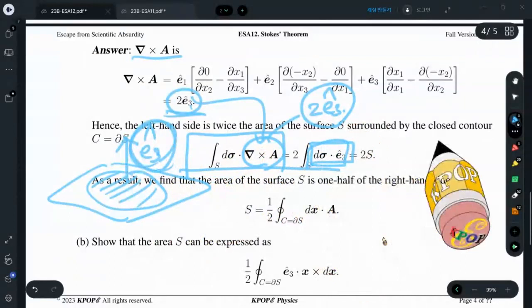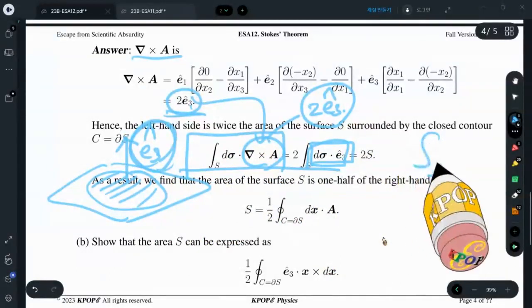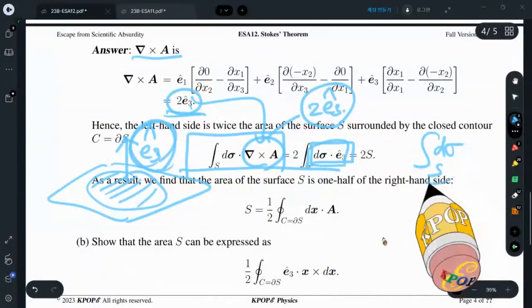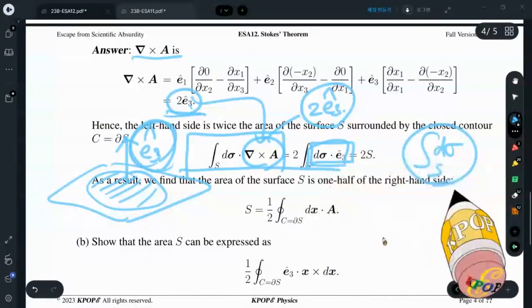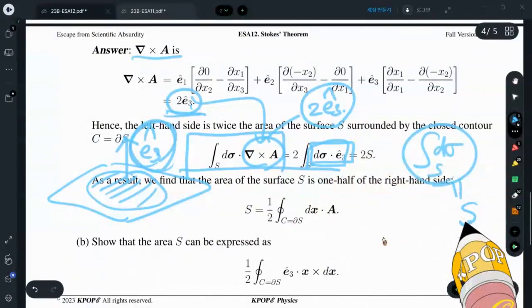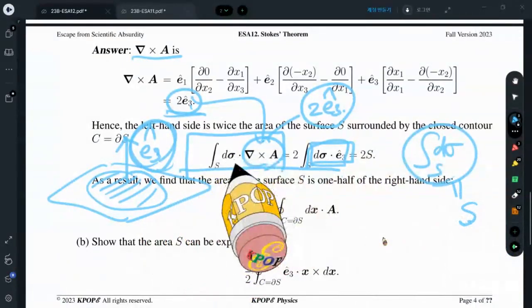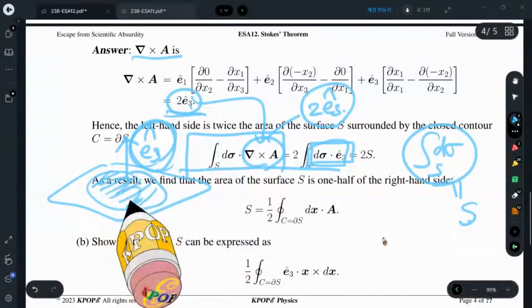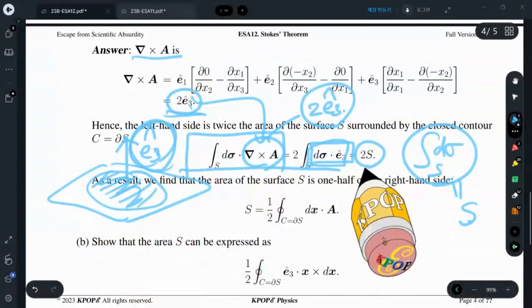This one is nothing but the closed surface σ, the scalar area S. Therefore, curl A's surface integral is 2 times the area.